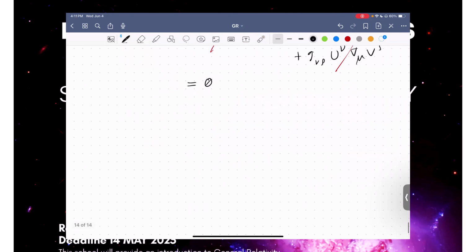Okay, so far we have talked about parallelly transporting things at a small distance, but what about at a finite distance?